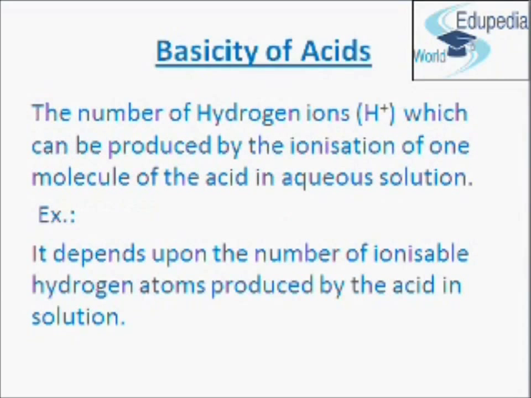Our next topic is basicity of acids. The basicity of an acid is the number of hydrogen ions which can be produced by the ionization of one molecule of the acid in aqueous solution.